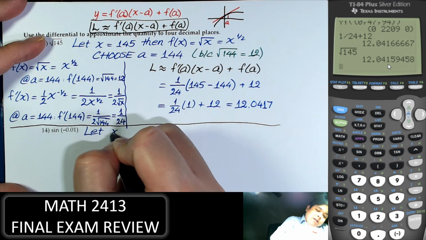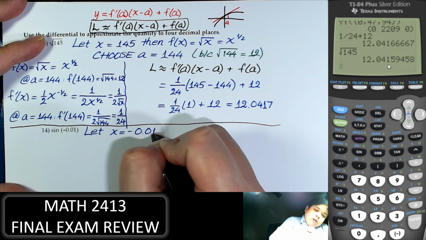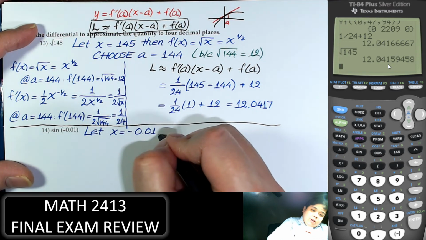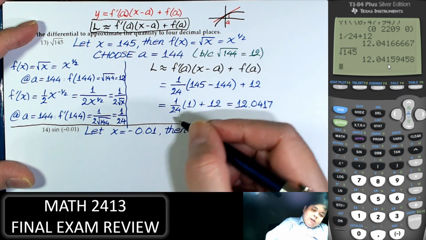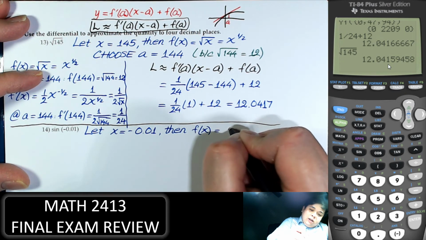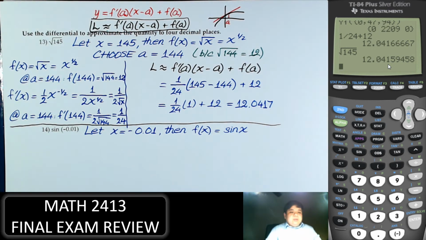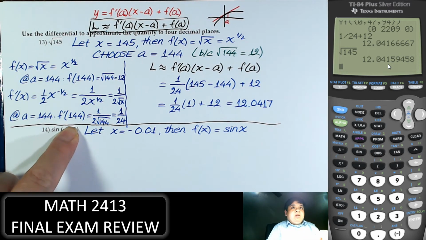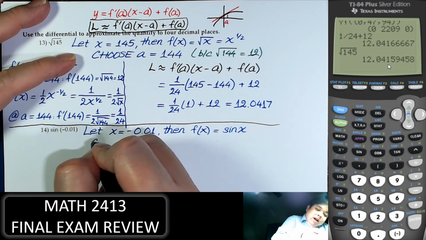So let x equal negative 0.01. Then the function is sine x. If x is replaced by the number, we have sine x. Right, then we choose whatever values.